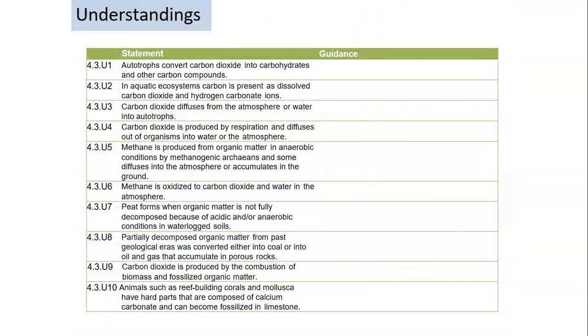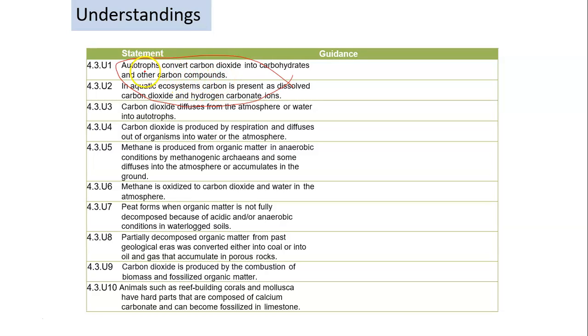So, the understanding part. Some of these understandings are related to previous lessons, in which we looked at the cycle of carbon dioxide in terms of production of oxygen and fixation of carbon dioxide, which happens in autotrophs.